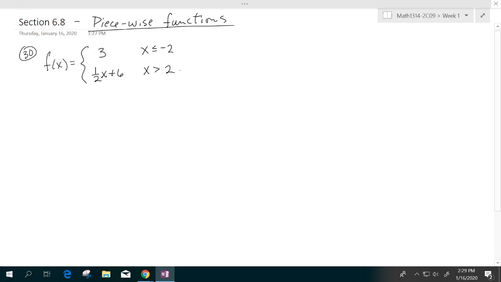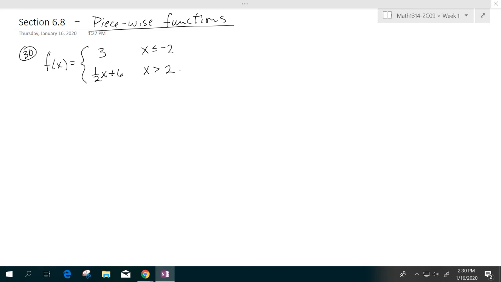If I use any x that is less than or equal to negative 2, then this is going to be my y coordinate. But if I use any x that's greater than 2, this bottom piece is going to give me my y coordinate. So it's a piecewise function because there's two pieces and you have to be pretty wise to know which one to use. That's why they call it a piecewise. That's kind of a joke too.